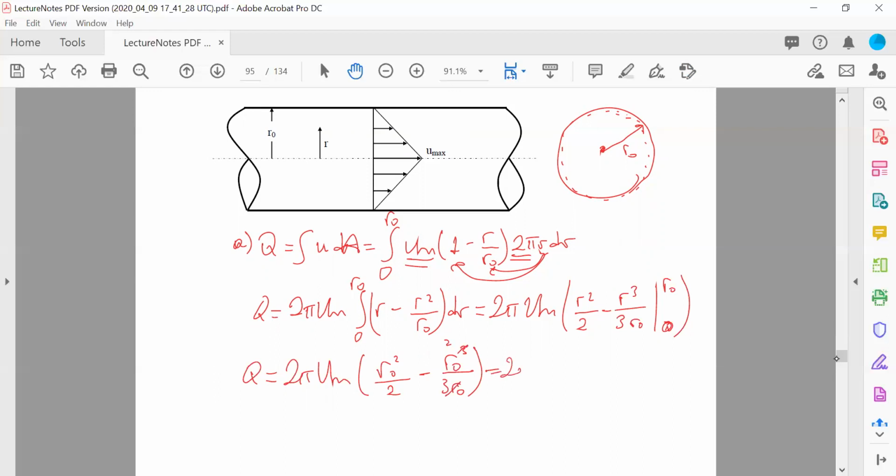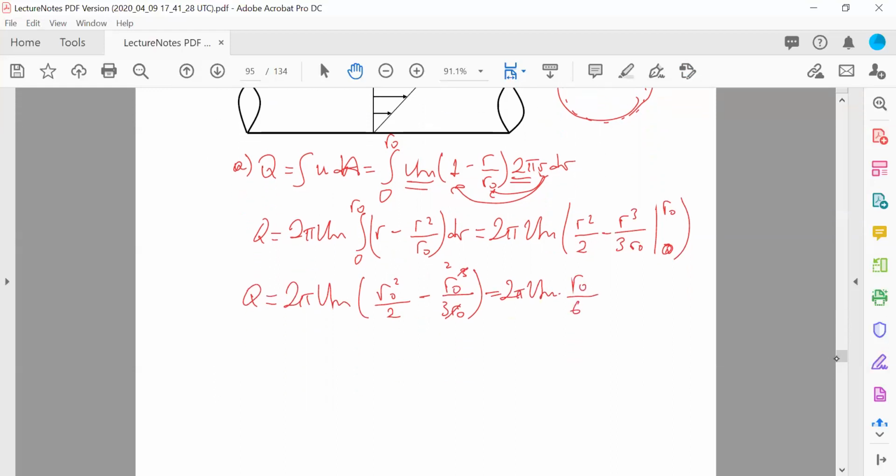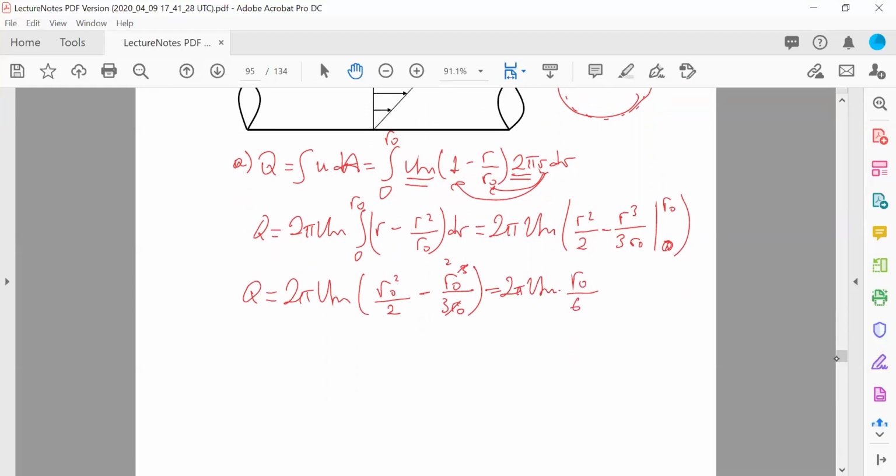And this equals 2 pi u max multiplied by r0 squared over 6, so Q equals pi u max r0 squared over 3. This is the discharge.